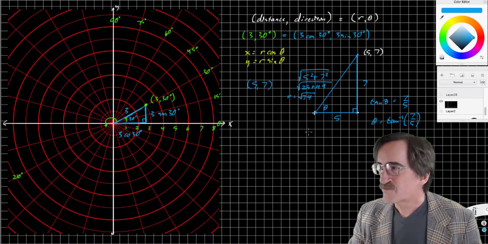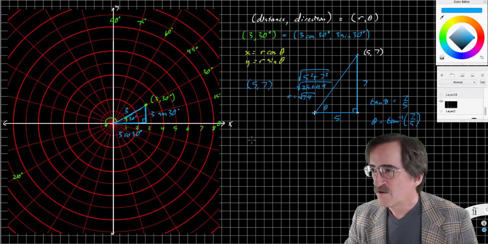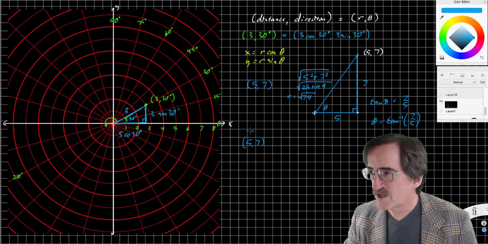Okay. And so there we have it. So the rectangular coordinates 5, 7 converted to r, theta is square root 74 and arctangent of 7/5.